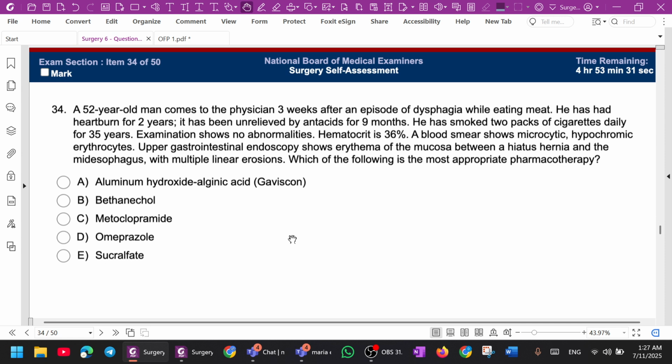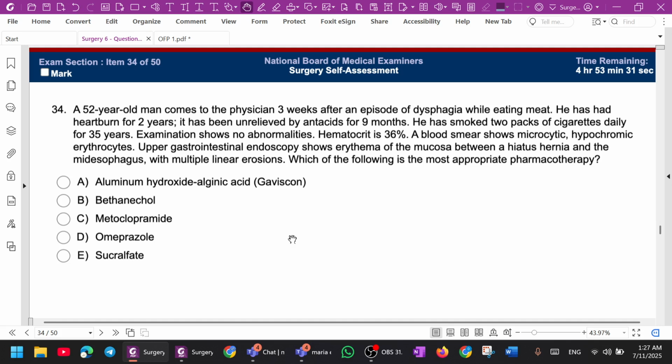A 52-year-old man comes to the physician 3 months after an episode of dysphagia while eating meat. He has had heartburn for 2 years. It has been unrelieved by antacids for 9 months. He has smoked two packs of cigarettes daily for 35 years. Examination shows no abnormality. Hematocrit is 32.